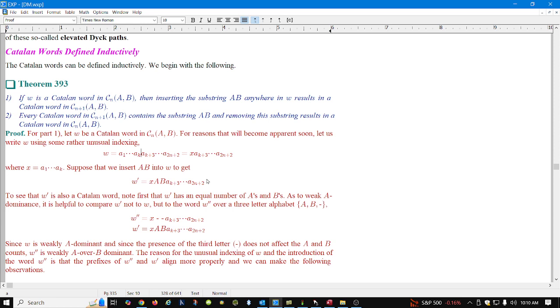And we want to show that W prime is also a Catalan word.